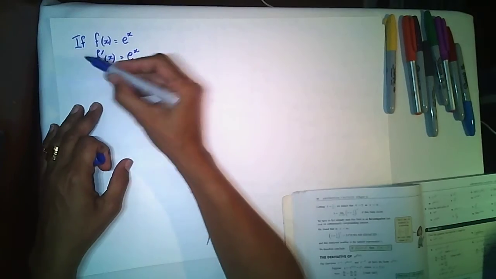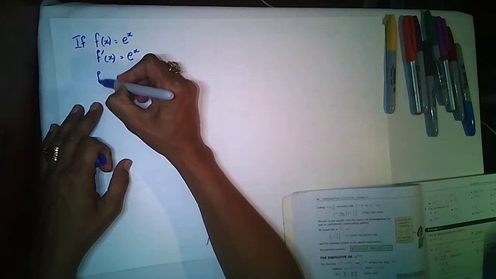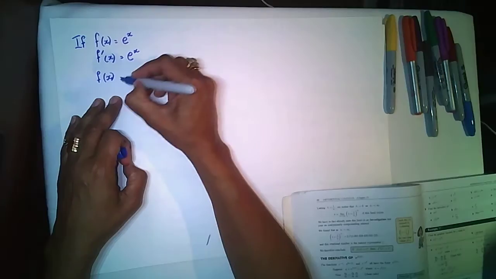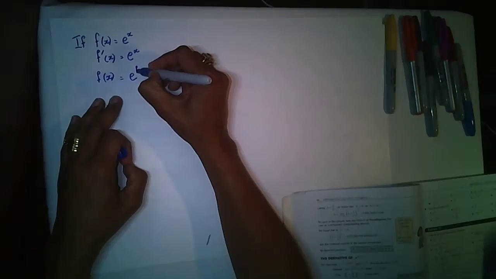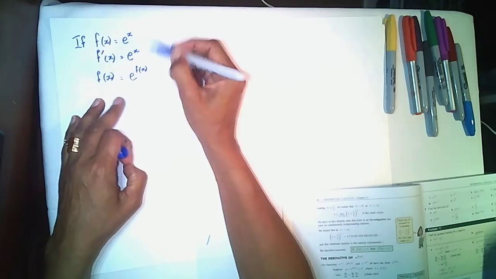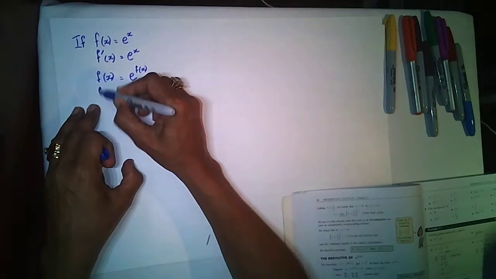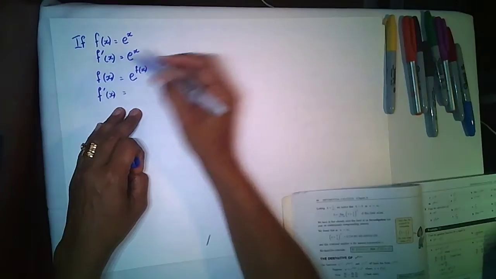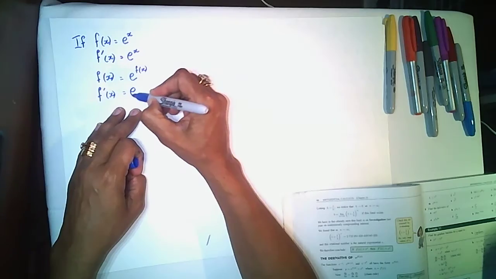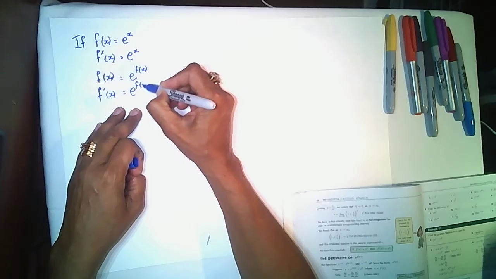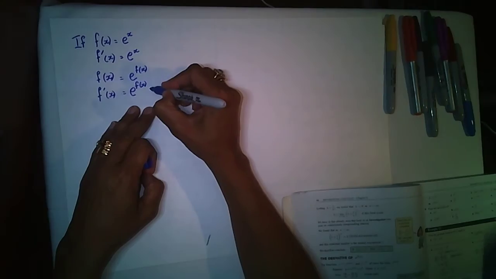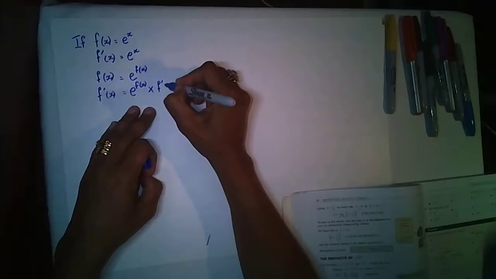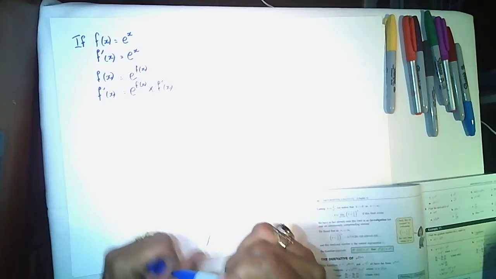And when we have a function that constitutes e to another value or another function, when we find the derivative of it, we end up with that e to whatever that function is, multiplied by the derivative of that exponent.